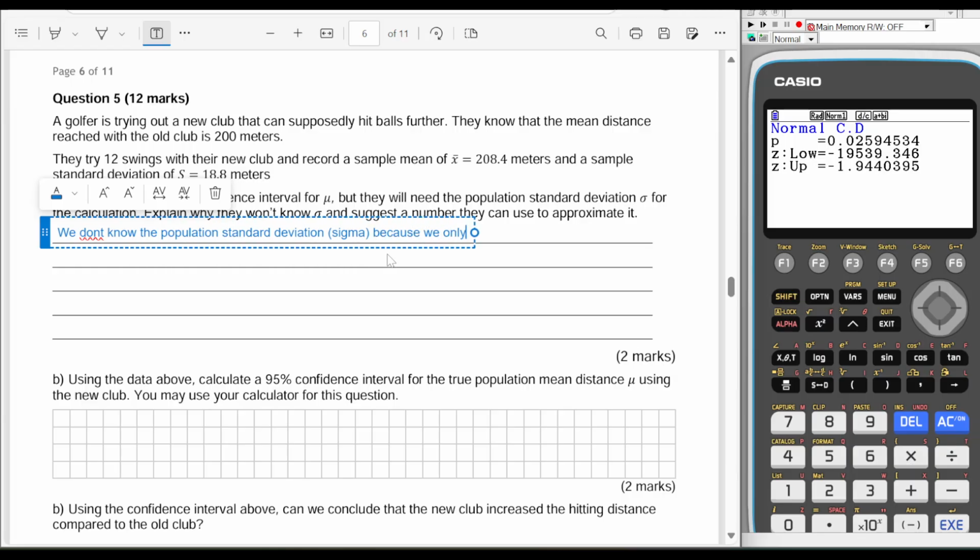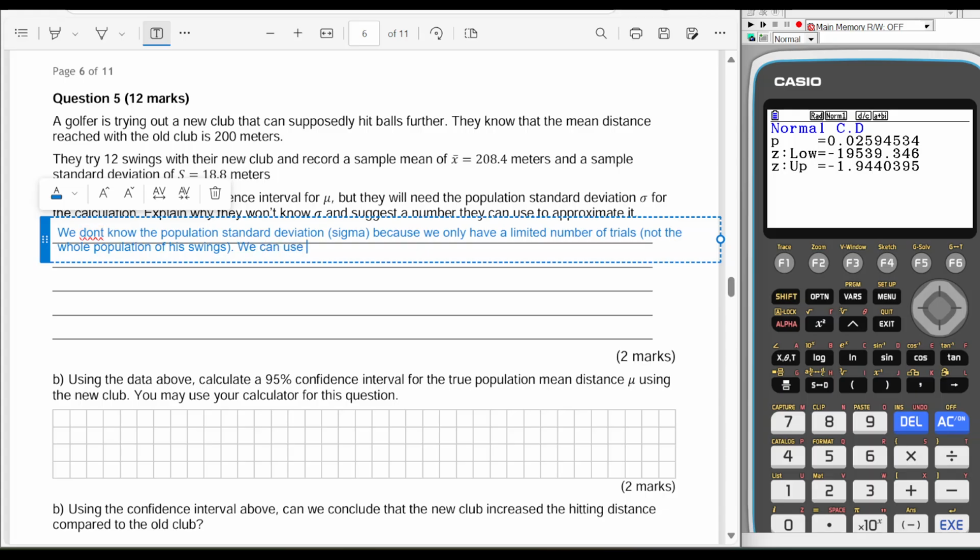Because we only have a finite, limited number of trials, not the whole population of his swings. You can only ever get the sample because you can only take a sample of his swings. In theory, he could always do more, or in the past, he's done more and hasn't measured it.